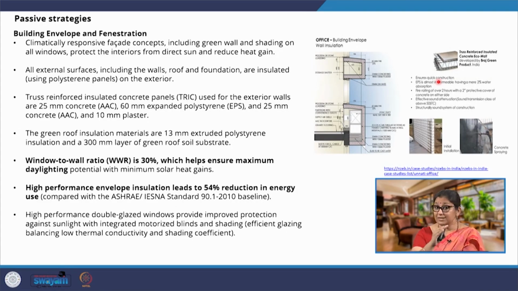Then once the design has been done properly, next they have come to building envelope and fenestration. So, this was about the plan, and then we come to the envelope. The fenestration, window wall ratio, has been limited to just 30%. If you look at ECBC, what we have seen is that 40% is the optimum, so ideally it should be between 40 to 60%, and here they have further reduced it to 30%, but distributed.